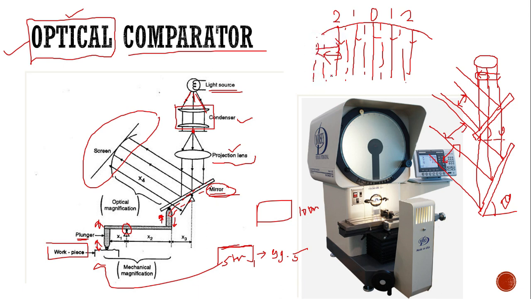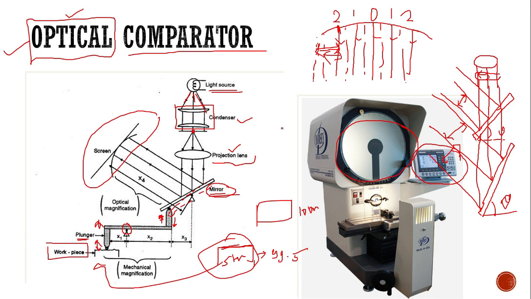So you will just compare, from the reference line which is set by using the standard, what is the percentage of variation of the dimension when there is upward movement of the plunger. That you will be able to see on this screen. Okay, so this is an optical comparator, and this distance can also be tracked with the help of this digital board or digital display.